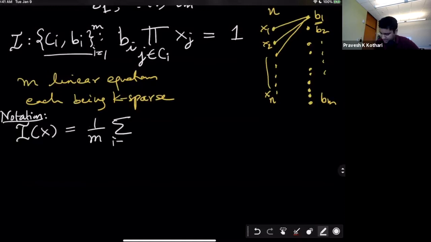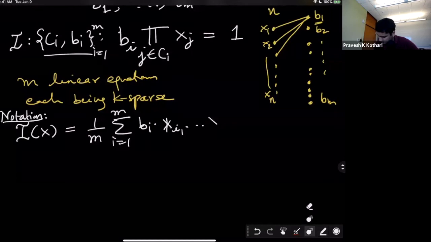It's simply the average over i from 1 through m of bi times the product over j in ci of xj.